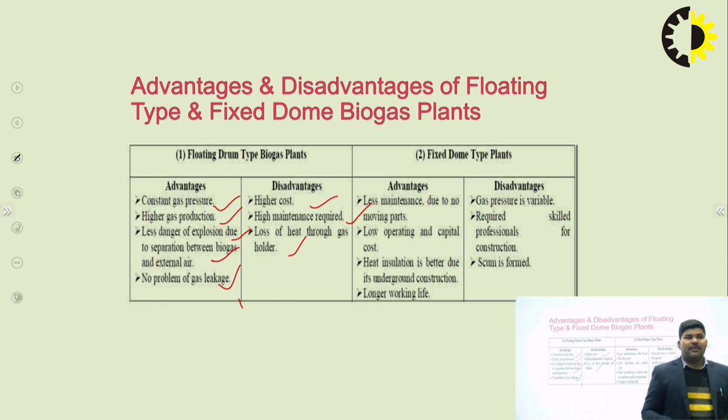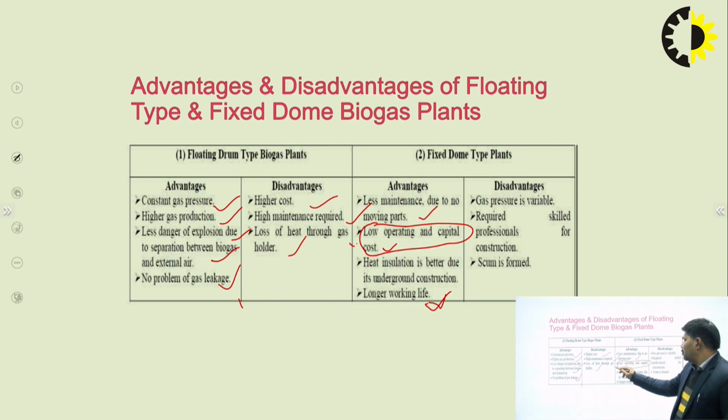But the fixed dome type has some advantages. You can see here less maintenance due to no moving parts, and low operation and capital cost. That is the main thing. Second, the operating cost and capital cost are very low. Third, heat insulation is better due to the underground construction, and there is a longer work life. Work life is very good.